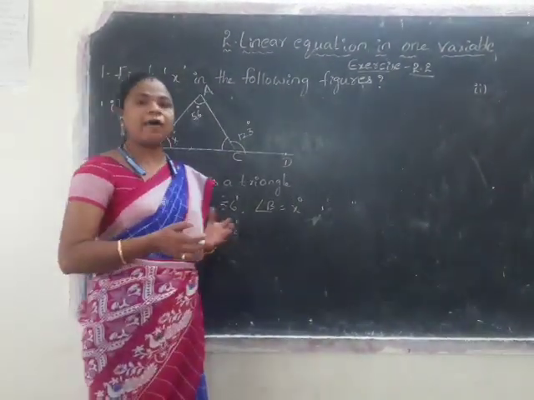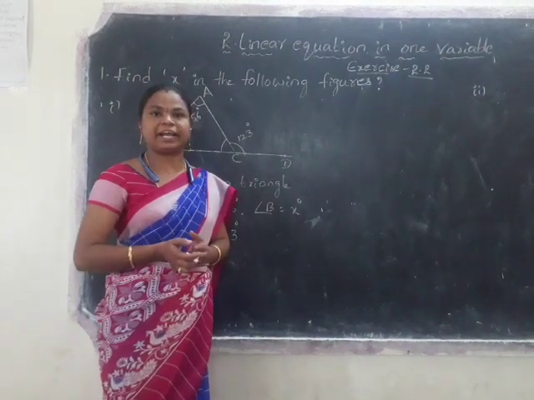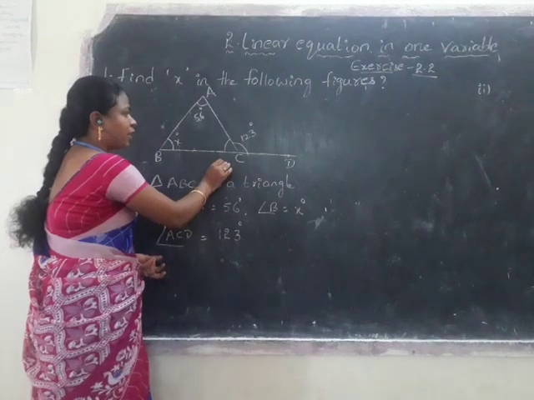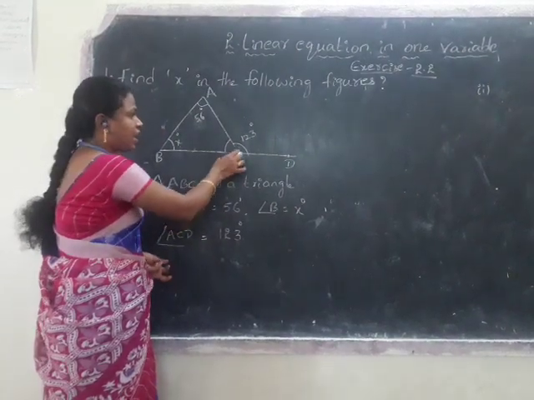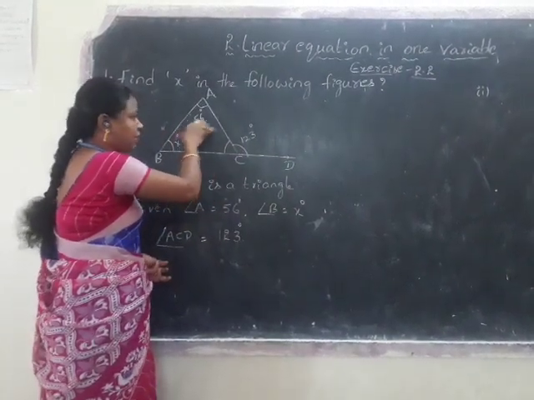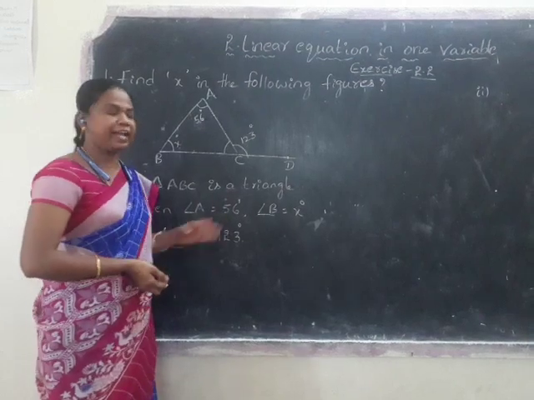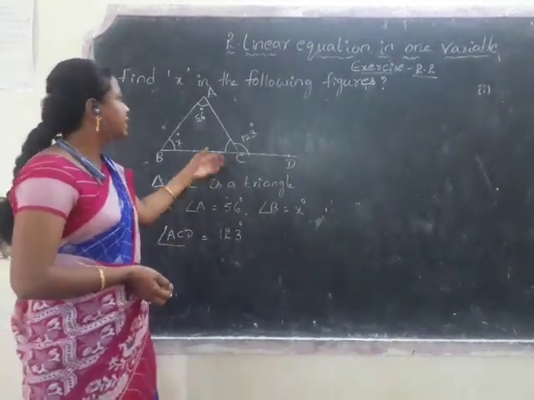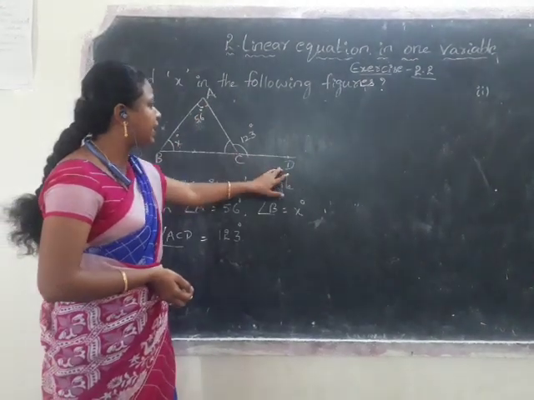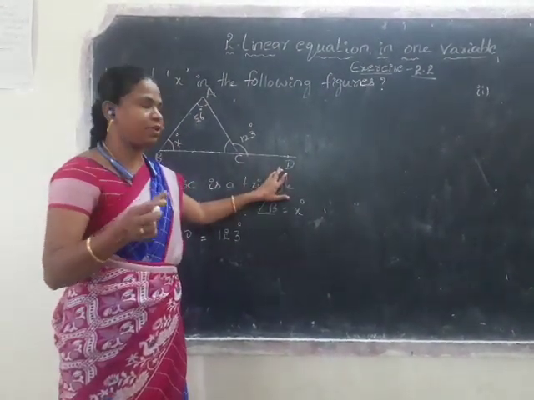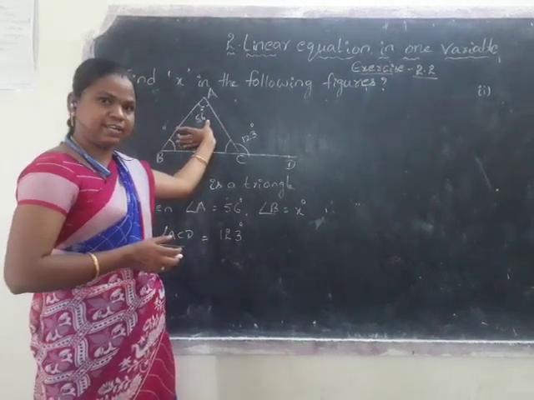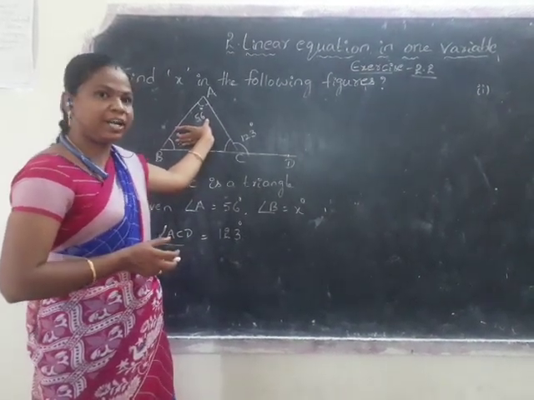Students, you have learned some properties of a triangle in 7th class. Look at this board. A property is there about interior angles and the exterior angle. What is that property? In a triangle, the exterior angle is equal to the sum of the opposite interior angles. What is that property, children?